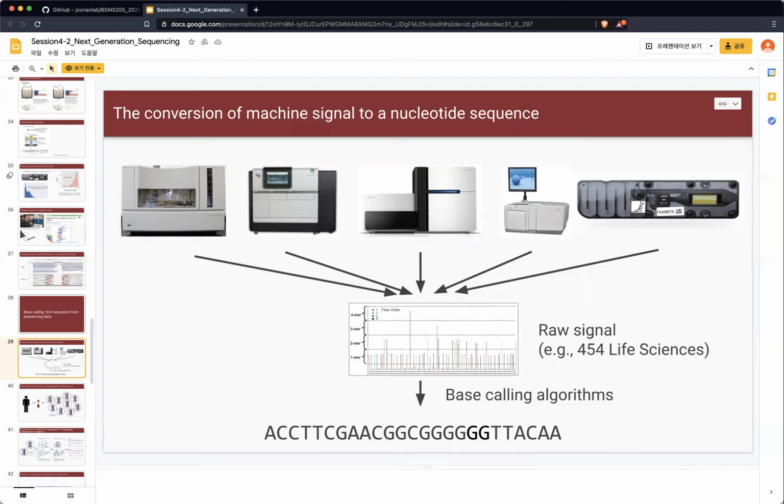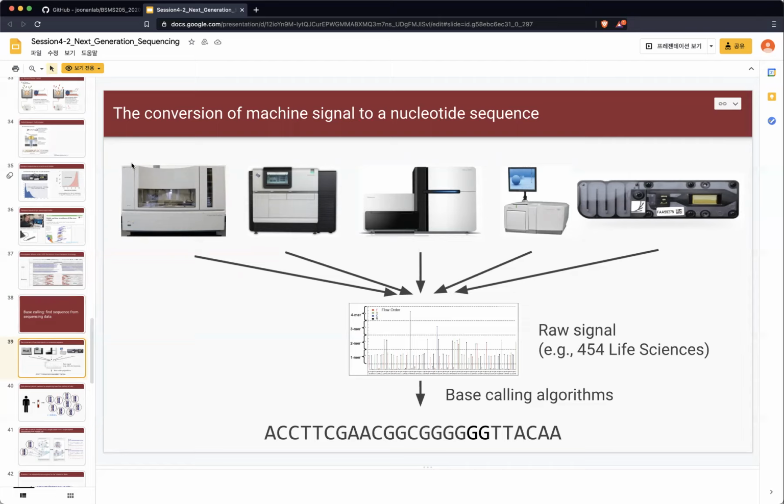The signals can be based on fluorescence, or on current, or on ion emission or something. All of this signal information has to be converted into certain nucleotide positions, right? This process we call the base calling process.